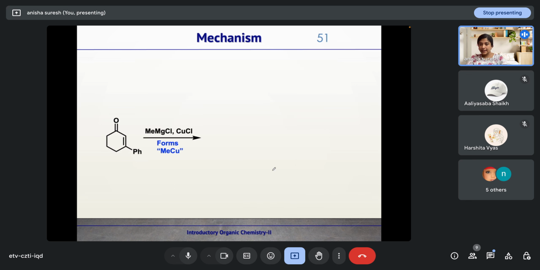We have the starting material. Methyl magnesium chloride and copper chloride will lead to formation of methyl copper species. So this will favor the 1,4 addition reaction.